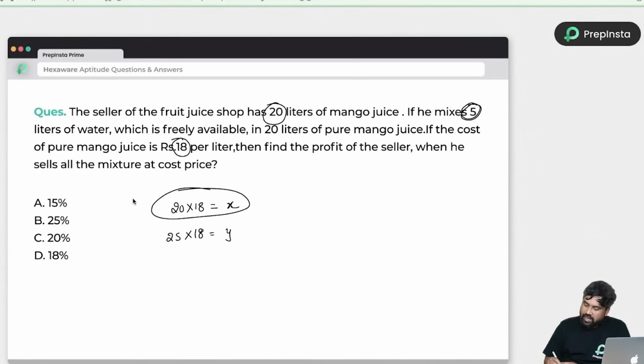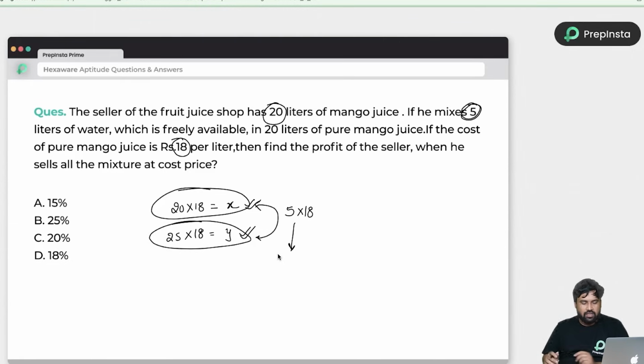So here X rupees is the total pure juice cost, and Y is the amount which includes the profit also. So again they will take the difference and calculate that 5 liters is the profit at 18, and they will calculate everything. It's a time wasting process.